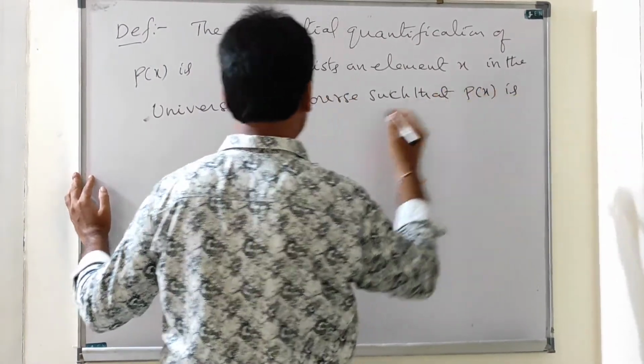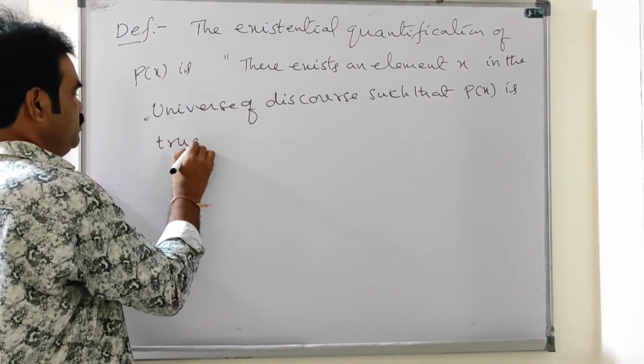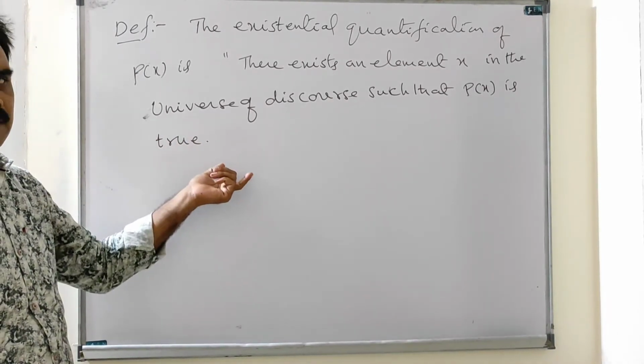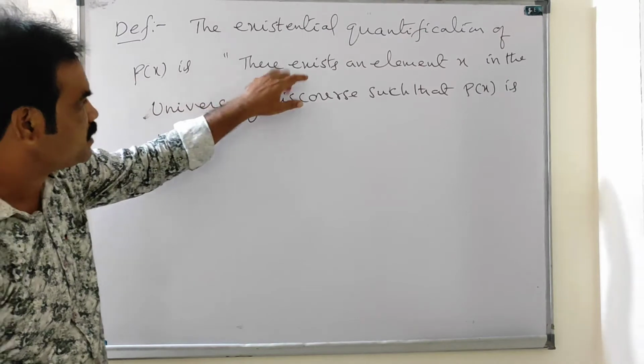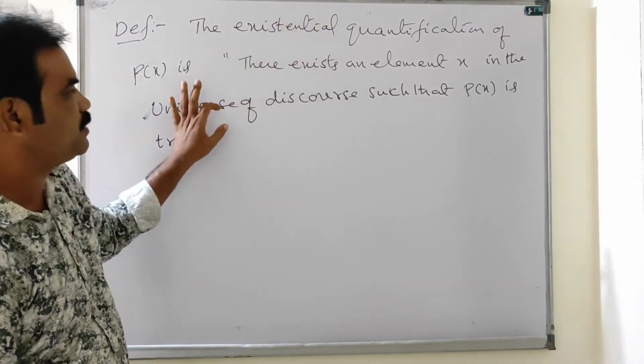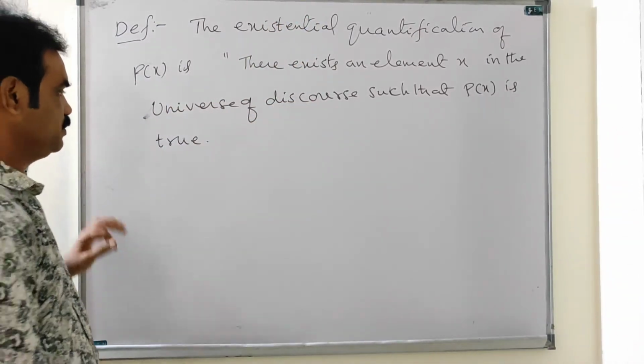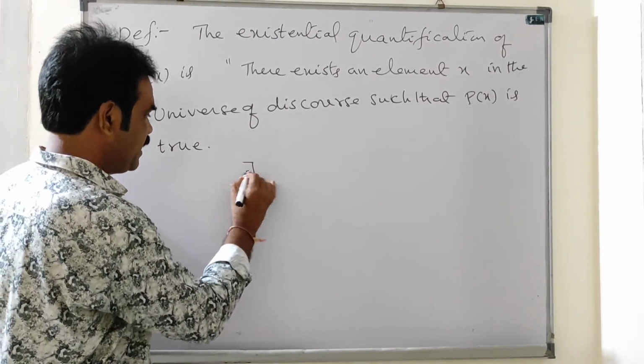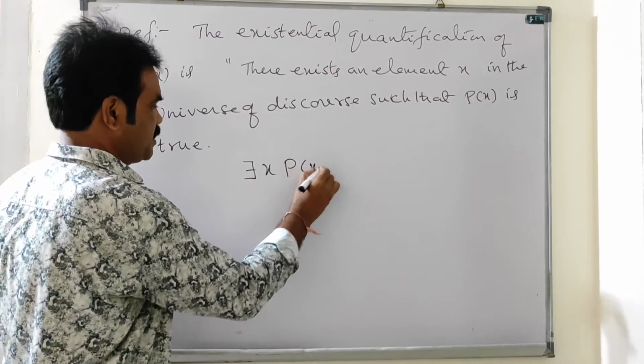Okay? This is the existential quantification of P of x. The existential quantification is denoted by there exists x P of x.